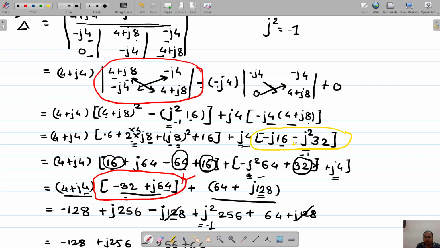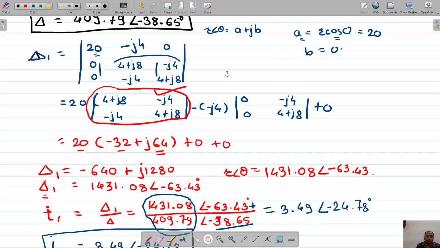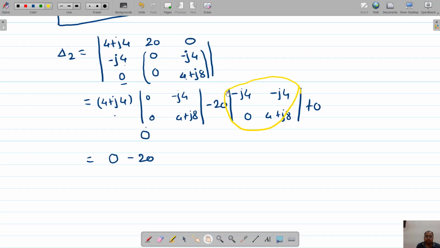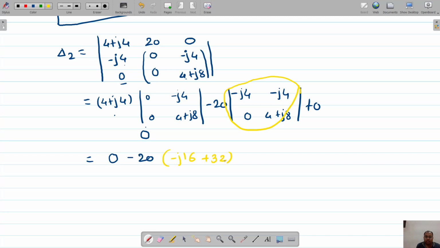Let us say this is plus 32. Is that fine? So minus 16 minus j16 plus 32. Can I write it? Yes. So this is nothing but minus j16 plus 32. I hope it has reduced a lot of your calculation time, right?